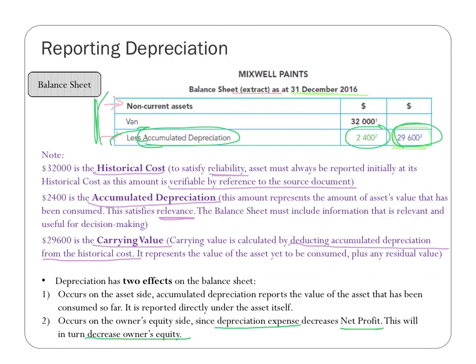So on both sides of the accounting equation: on the asset side, when you increase your accumulated depreciation, this reduces assets. On the owner's equity side, when you increase your depreciation expense, this reduces net profit and hence reduces owner's equity. No effect on liabilities. So on both sides of the accounting equation the effect is the same, and the accounting equation still balances.